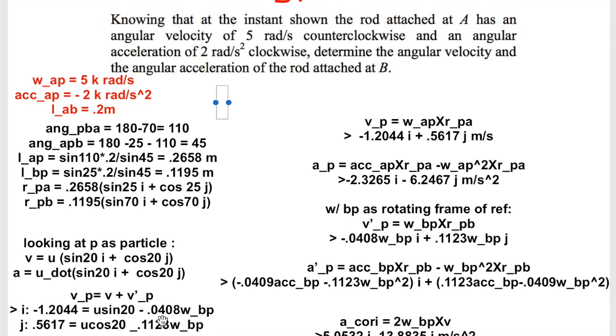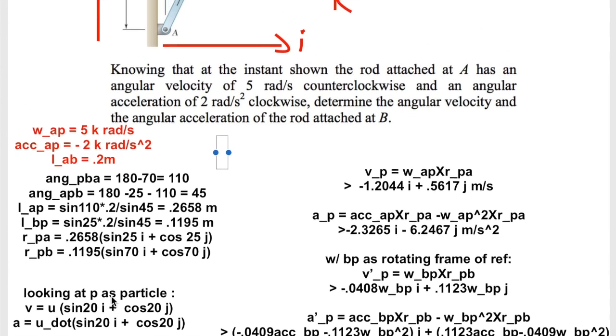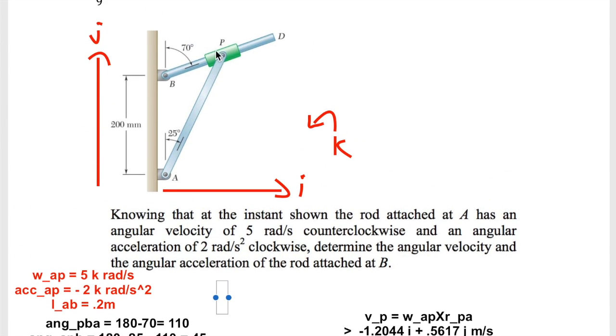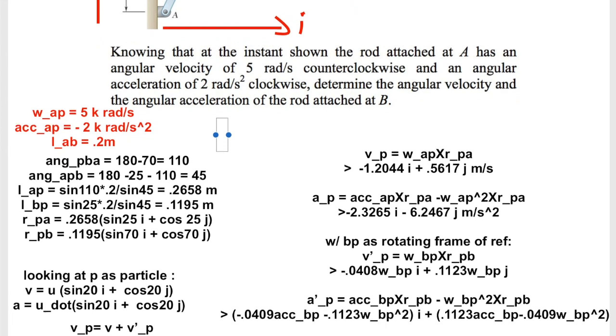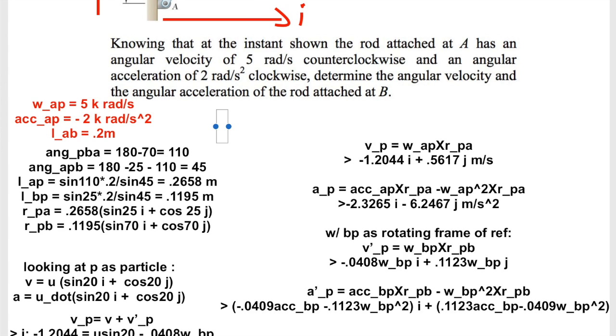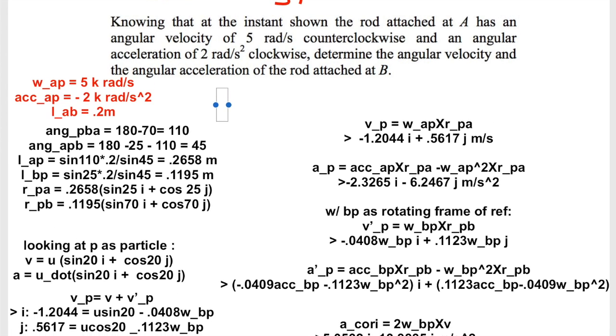To find the velocity at P, the total velocity at P has to equal the component that comes from P as a particle plus the component that comes from the BP portion. We set up our equations, one for i and one for j, and solving those we find this u here, and then we find the angular velocity of BP, which is 7.8612 rad/s.